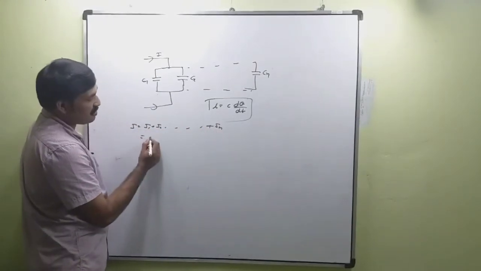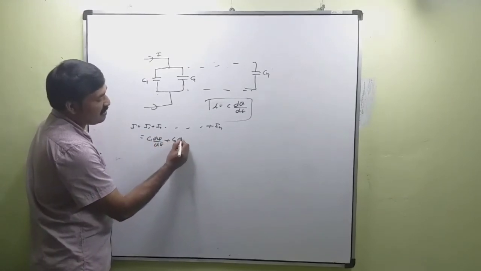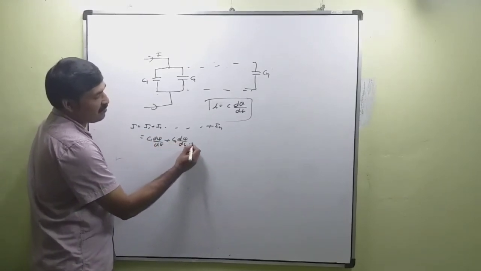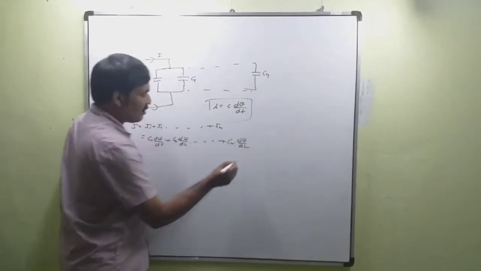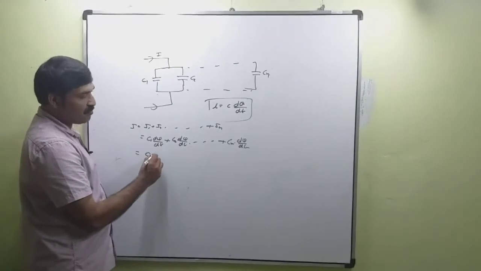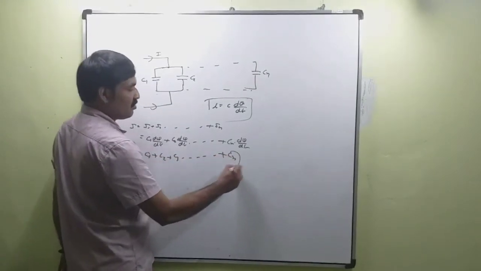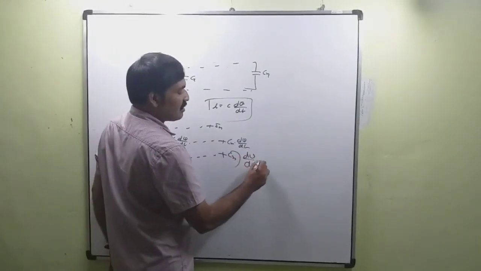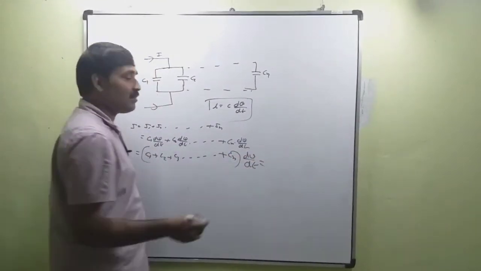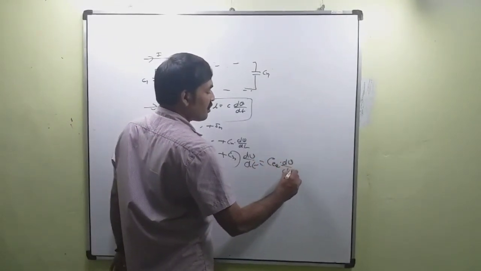So this is equal to C1 into dV by dt plus C2 into dV by dt up to Cn into dV by dt, or is equal to C1 plus C2 plus C3 up to Cn whole into dV by dt, that is equal to the equivalent capacitance C equivalent into dV by dt.